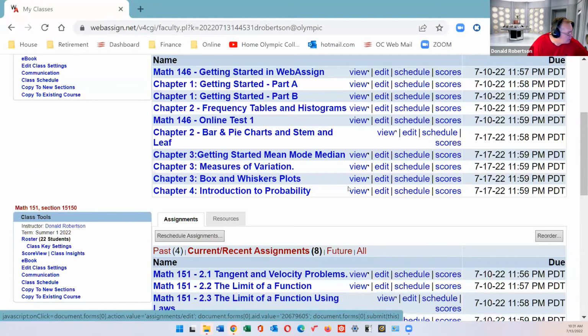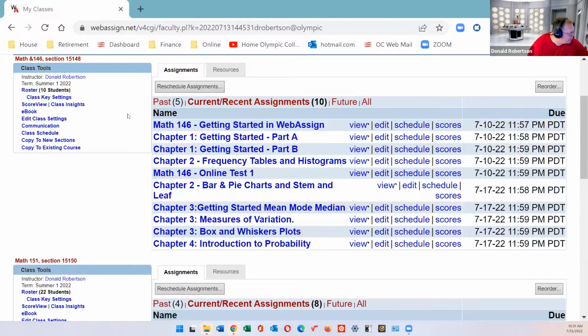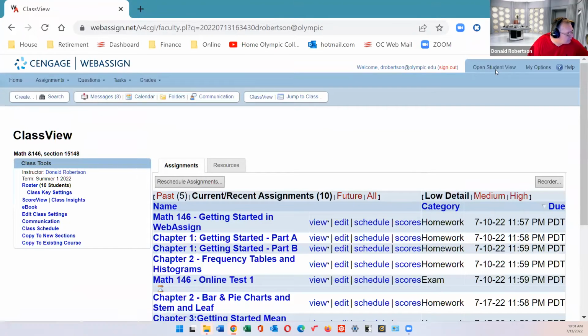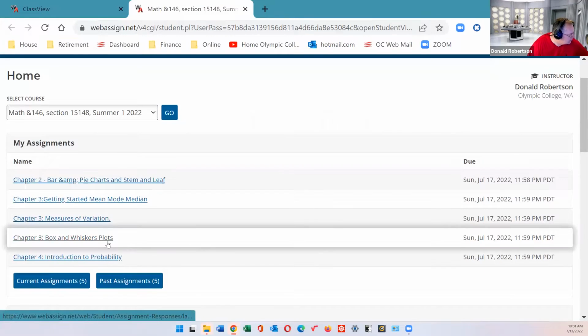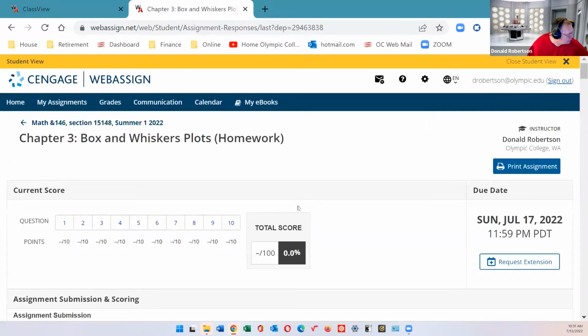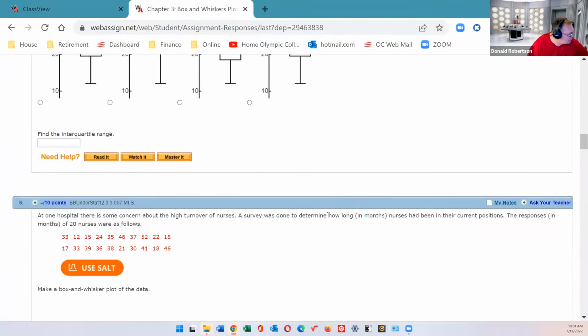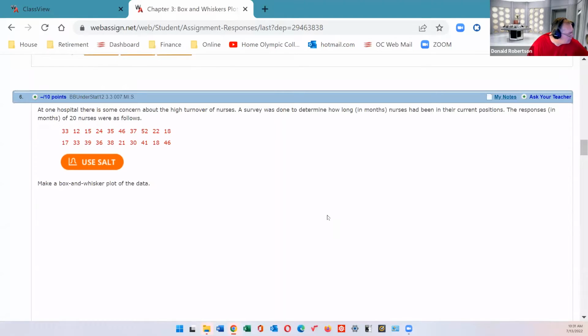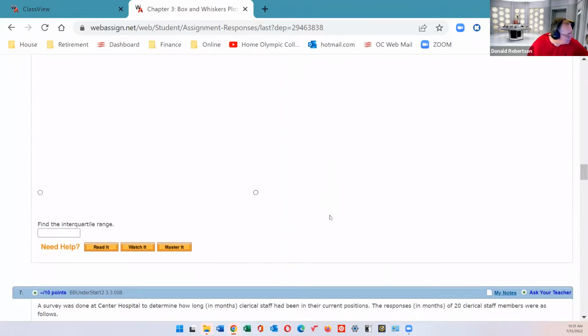I'll go out. I'll go back in. Oh, let's go in as a student. That might help. Okay. So do that. Open the student view. And there's Box and Whiskers. Okay, and no, it's still missing.